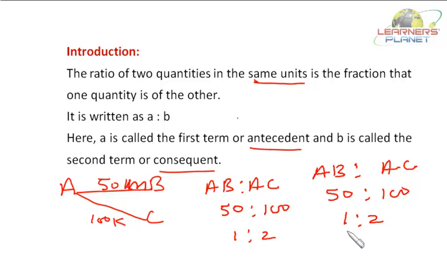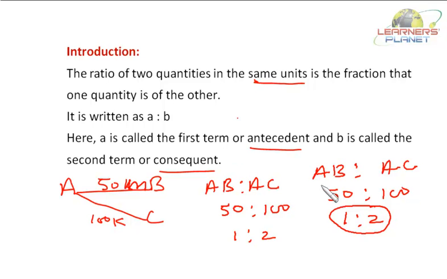So what will be reflected is that the distance AC is double of AB, but it is actually not. It's actually not like that, because I'm comparing different quantities. And if I'm comparing different quantities, the wrong interpretation will be coming out. So precisely, whenever we are comparing two quantities, they should be in the same units.